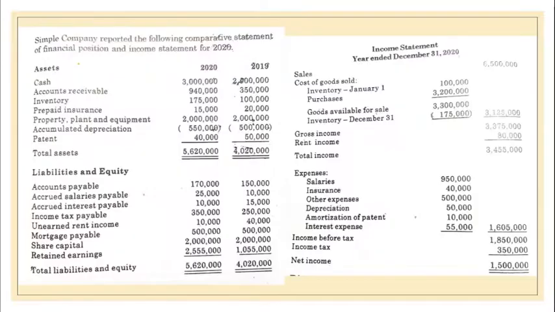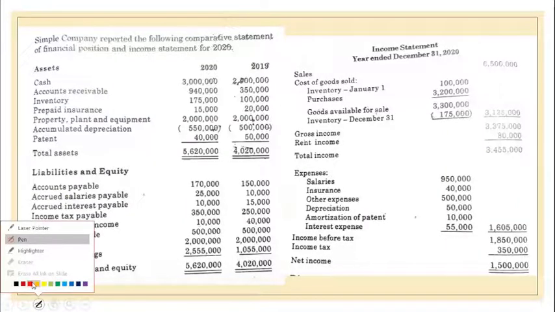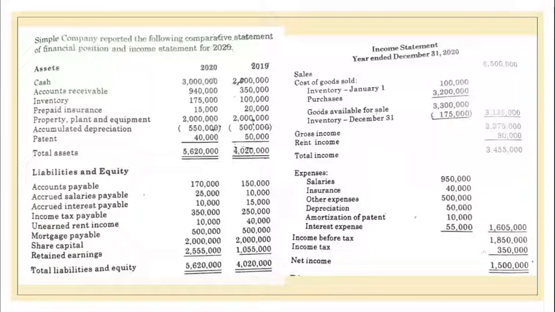So, to further understand this better, remember, as mentioned, the indirect method starts with your accrual basis net income.